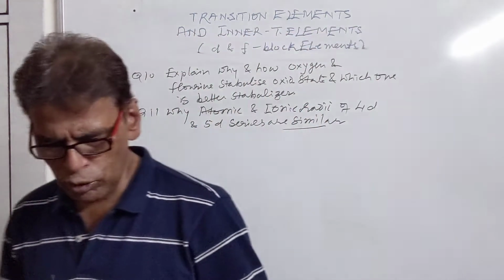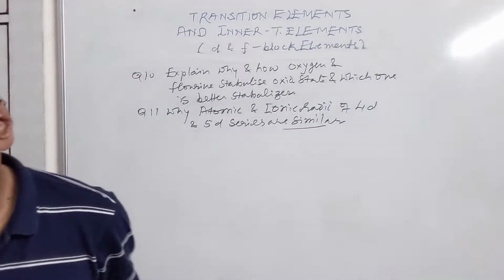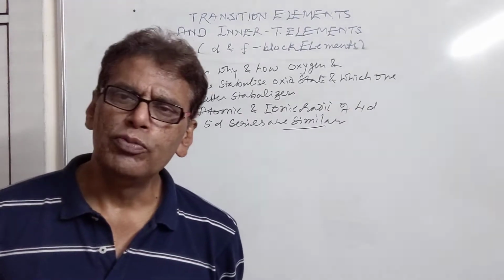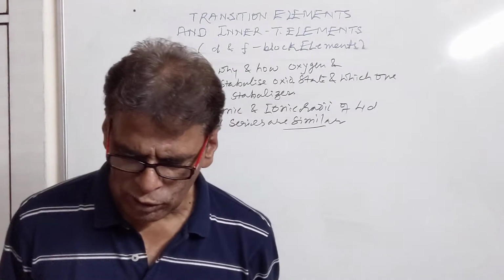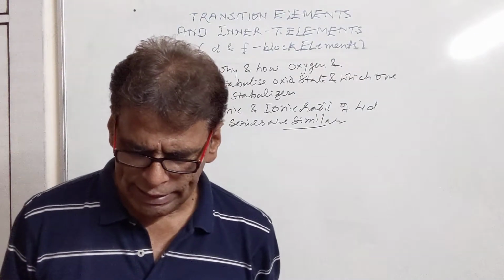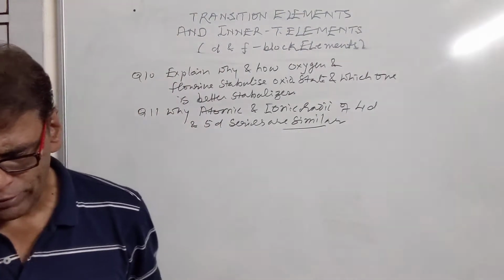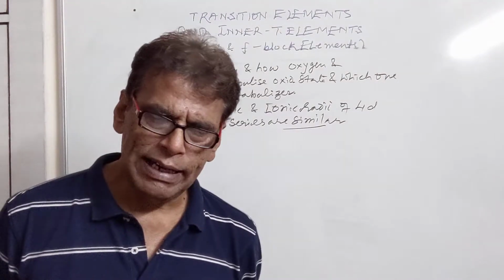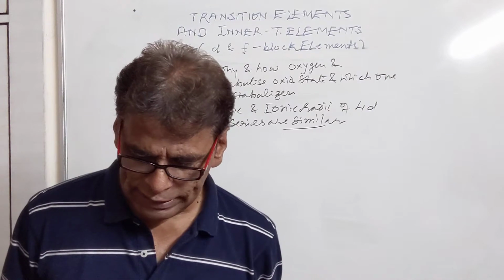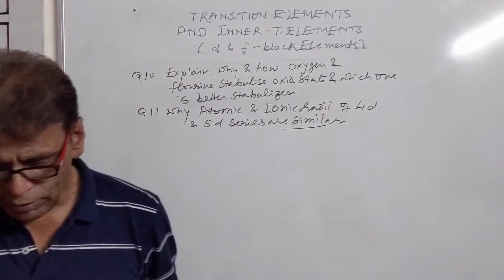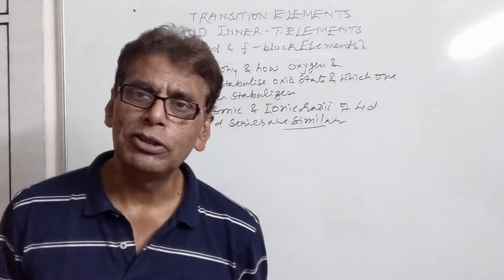So they are almost similar. The reason for this is the poor shielding effect of the 4f and 5f electrons. There is contraction in sizes in both the series, and after just half of the series, their sizes almost become similar. Their properties also become similar.